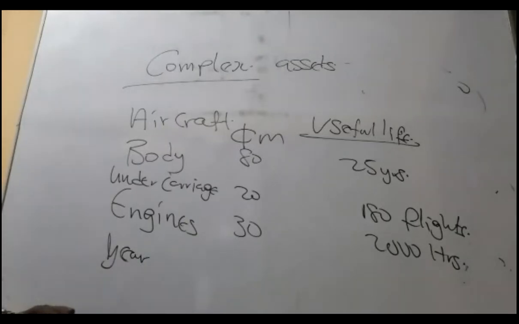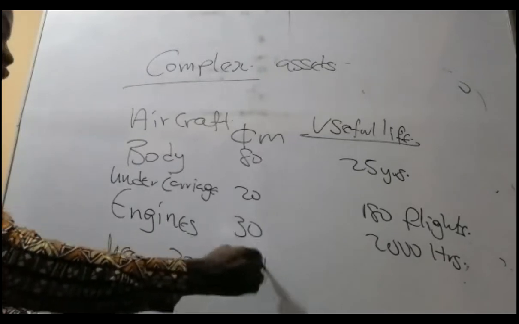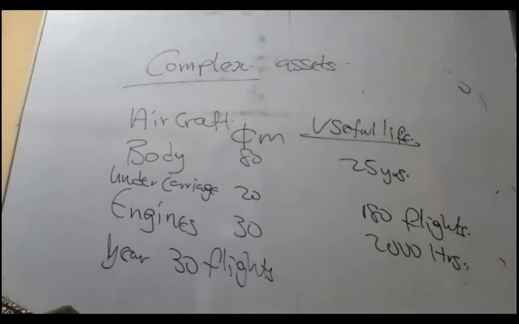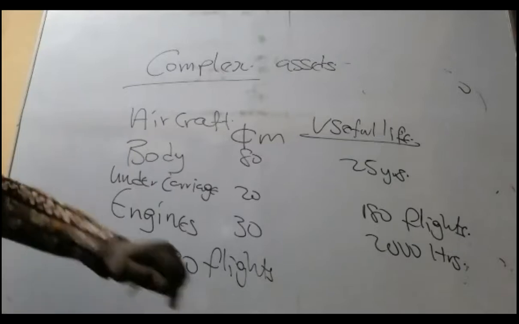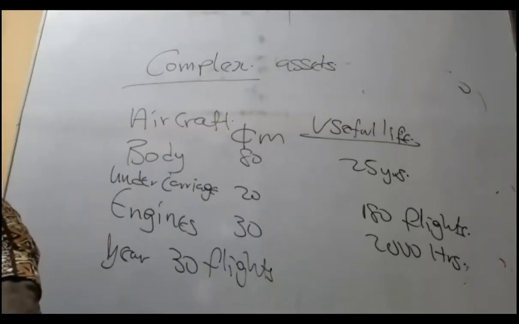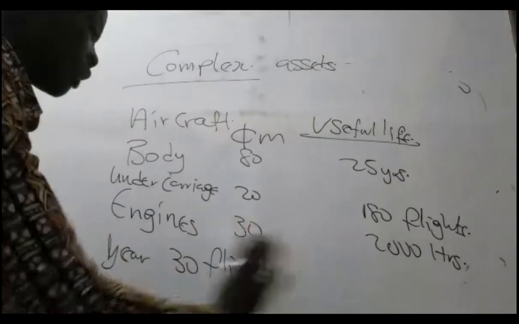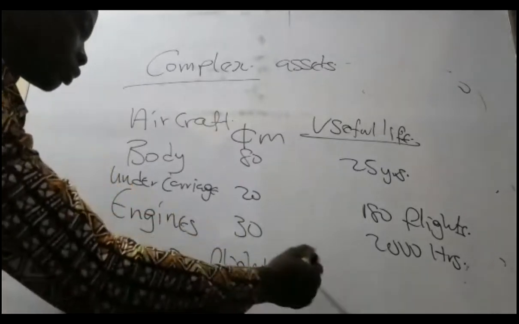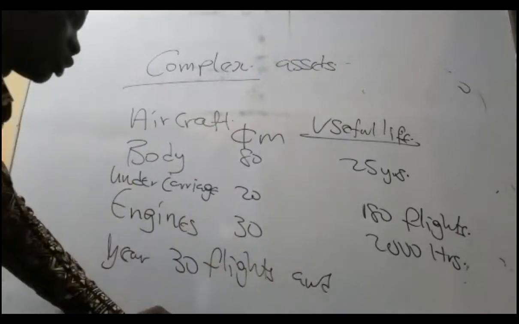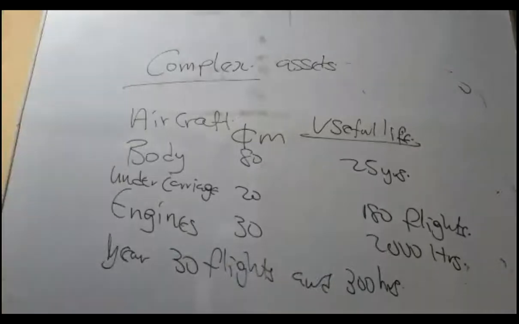In year one, they had about 30 flights, and they flew for 300 flying hours. Calculate the depreciation for the first year. How are you going to do that?